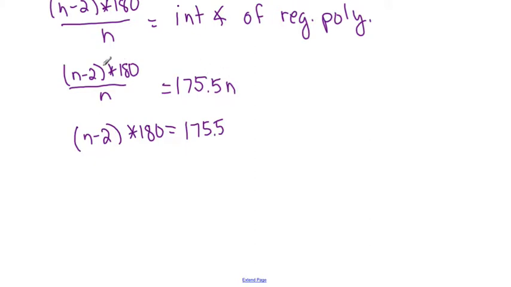So on the left, the n's cancel out. And then I'm going to distribute the 180. So I have 180n minus 360 equals 175.5. I'm going to add 360 to both sides.